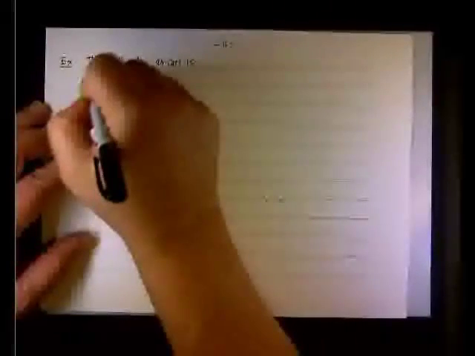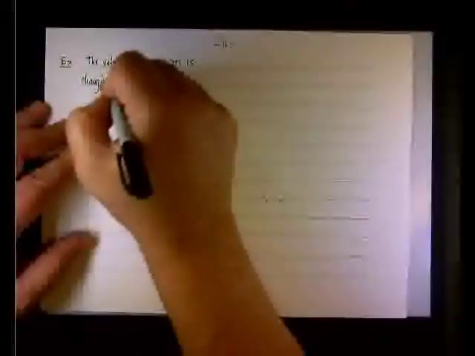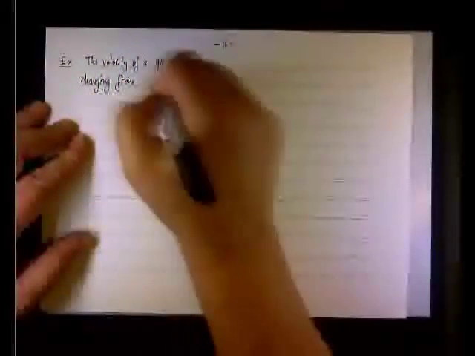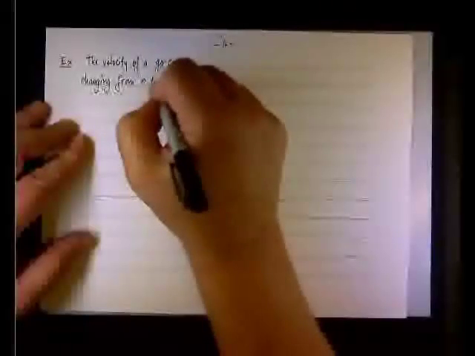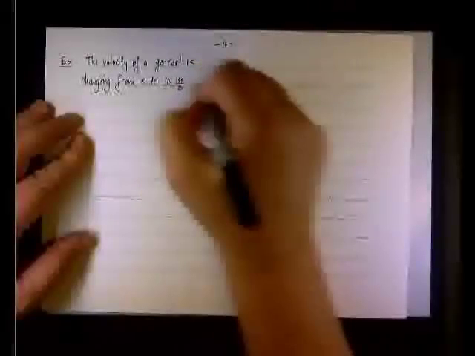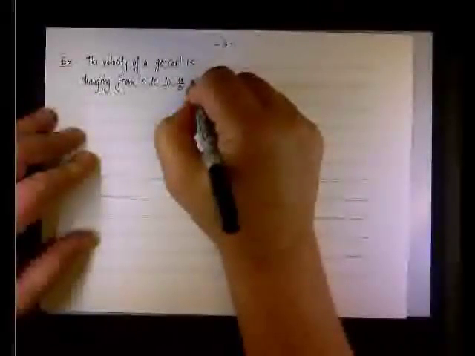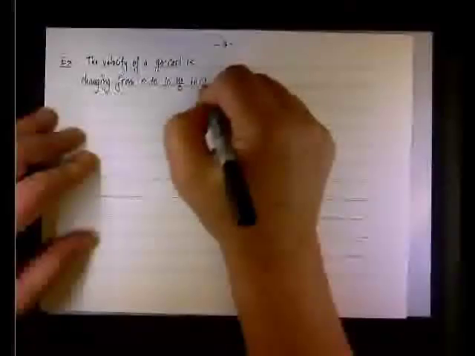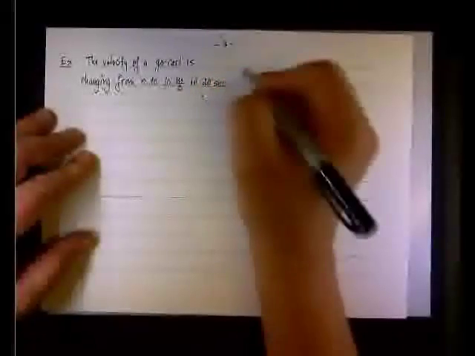The velocity of a go-kart is changing from, let's say, 0 to 10 meters per second in 20 seconds.